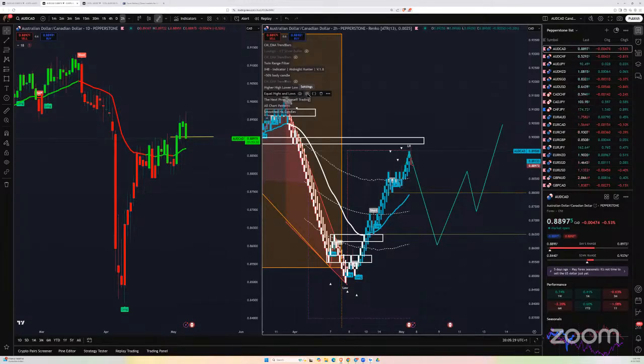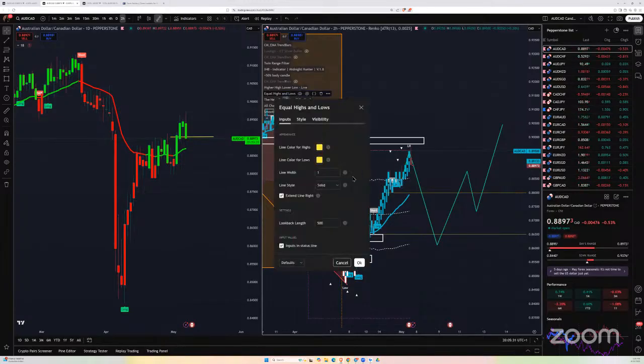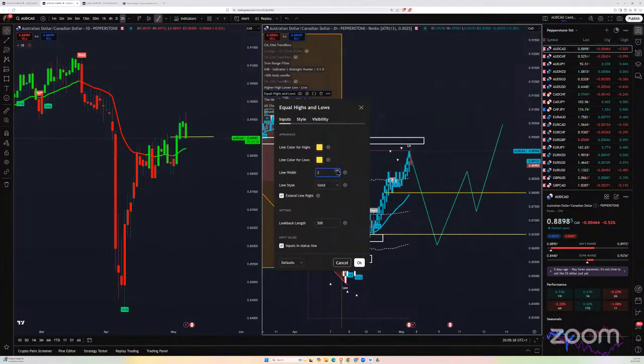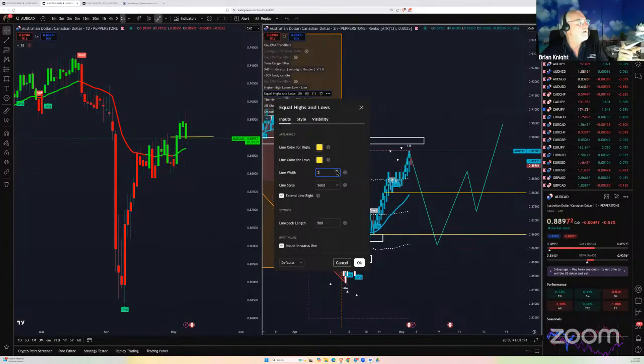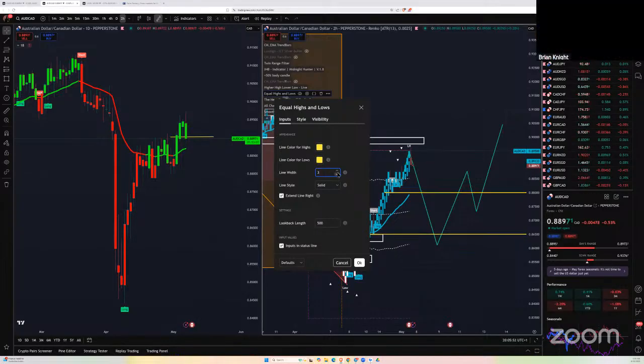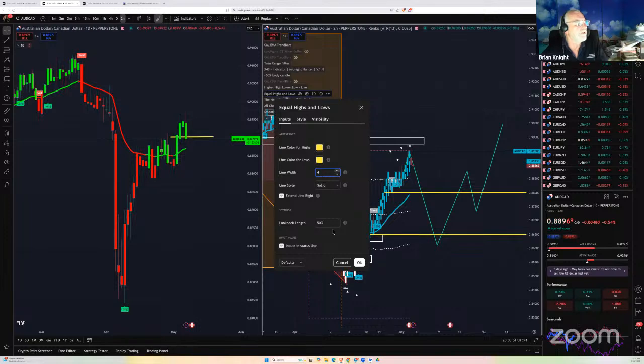Make the style, the line widths, something like 4, just so they stand out. We'll see if they get in the way or not.